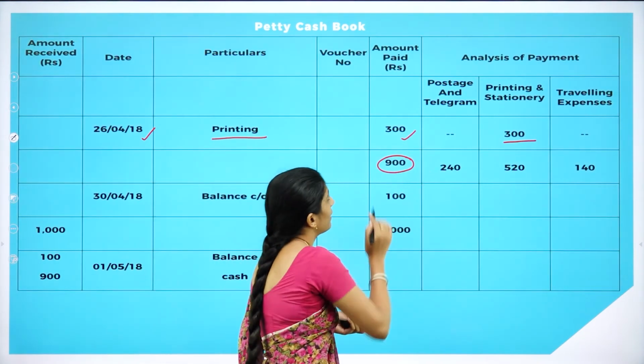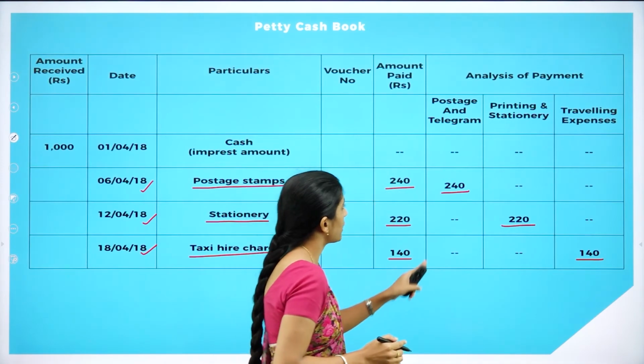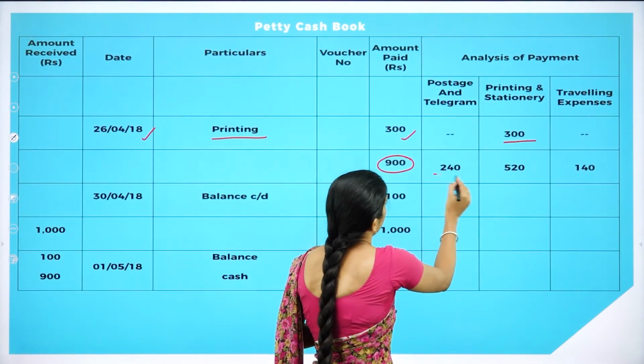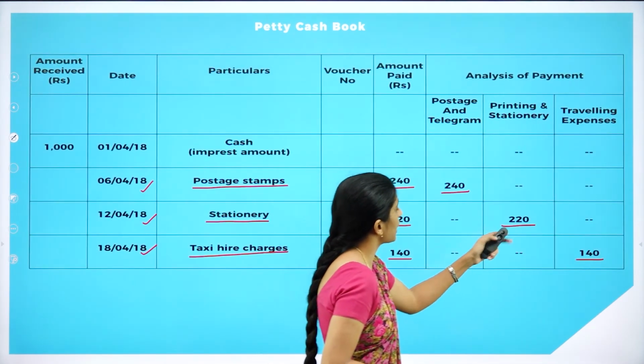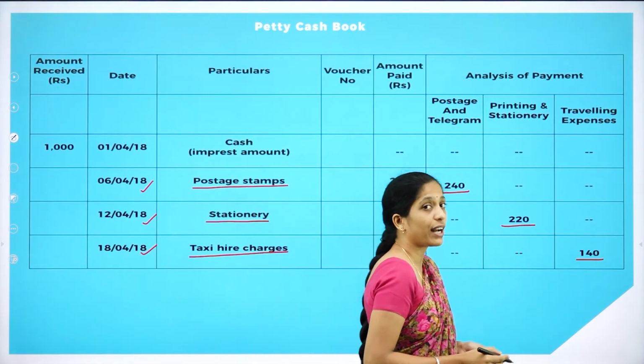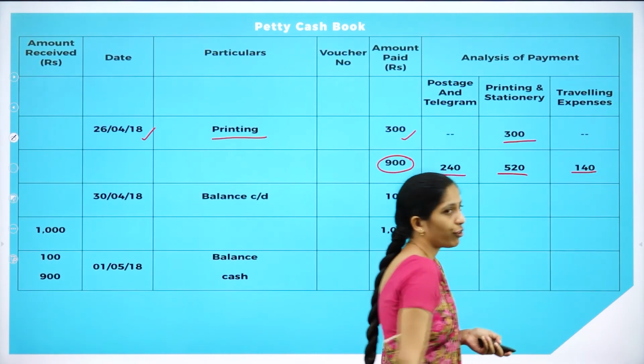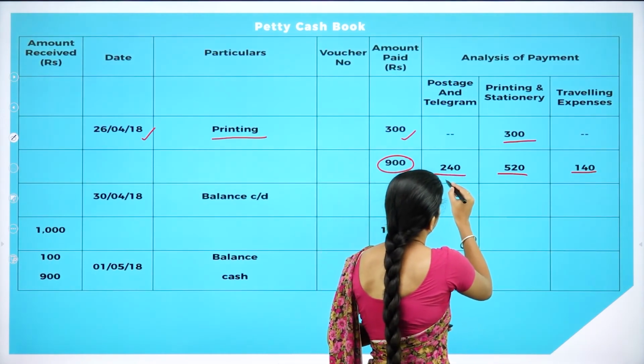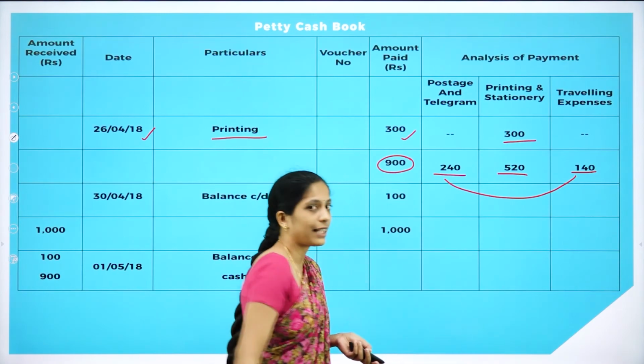And you have to total these individual columns also. Postage and telegram is 240. Next is printing and stationery, 220 plus 300, 520. Next, traveling expenses 140. When you total all these three, you should get 900.